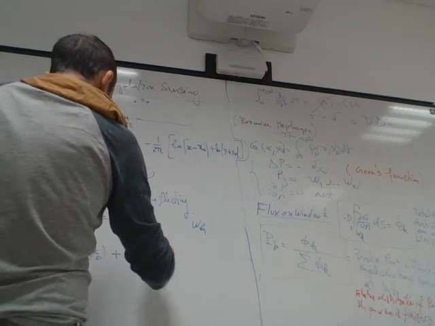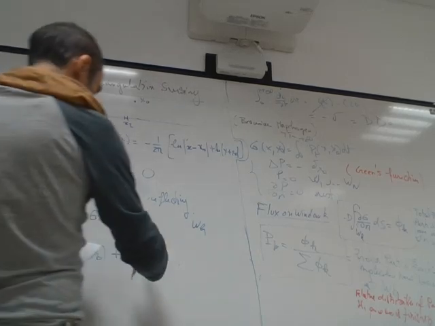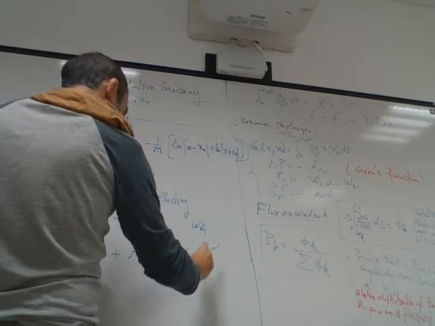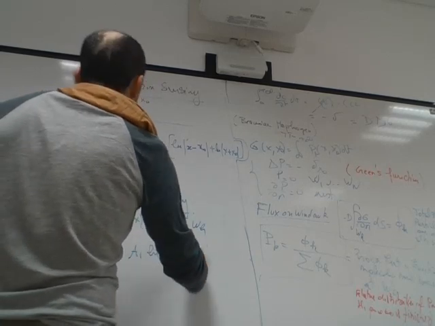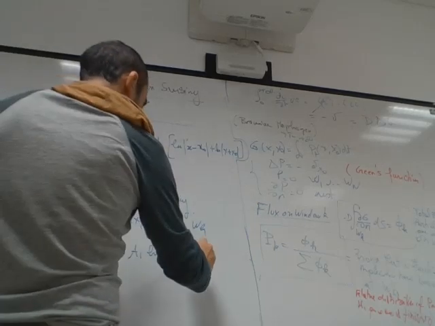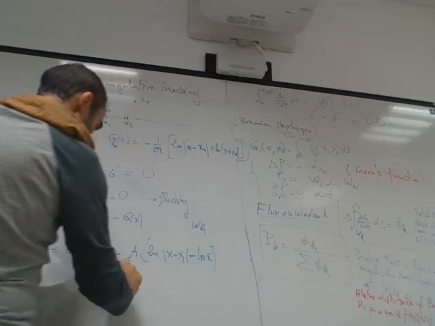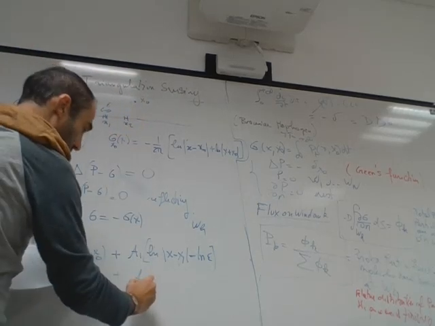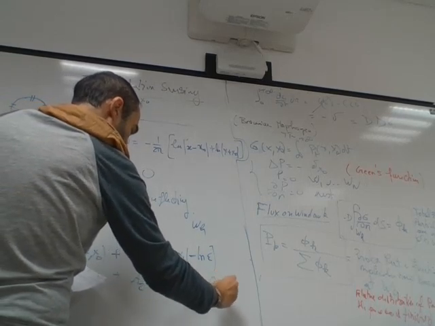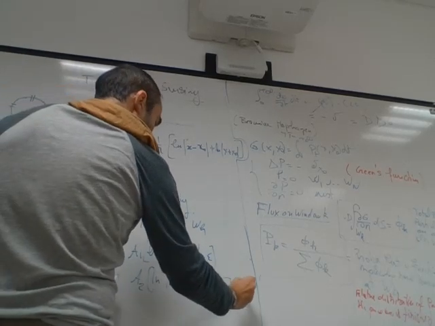So P of x0 is A1 log of x minus x1. I'm going to assume that the size of the window is epsilon, so minus log of epsilon, plus the same thing with A2, log of x minus x2 minus log of epsilon, plus a constant.